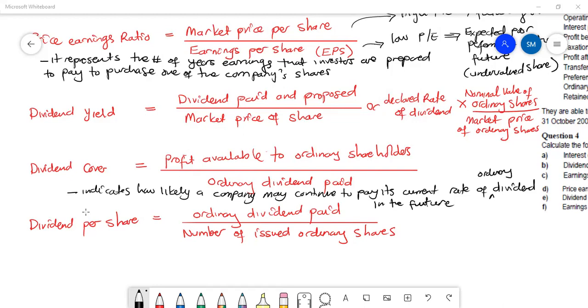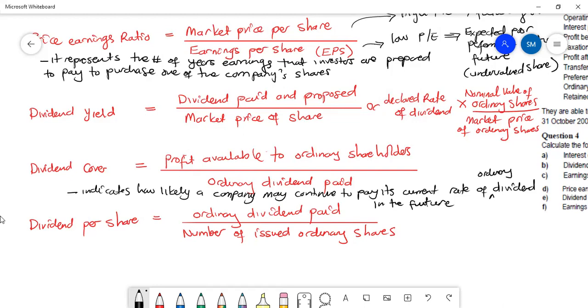Okay, so that's a good sign. That's a good thing. It also tells us that the directors operate a conservative dividend policy, and that much of the profits are being reinvested in the company. So a high dividend cover signals a conservative dividend policy.